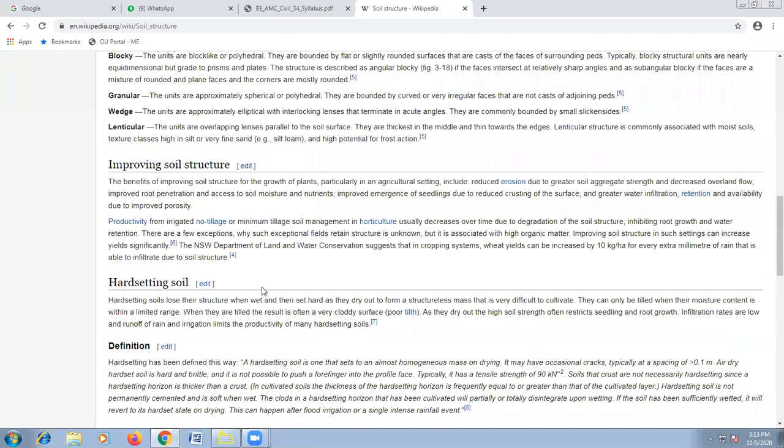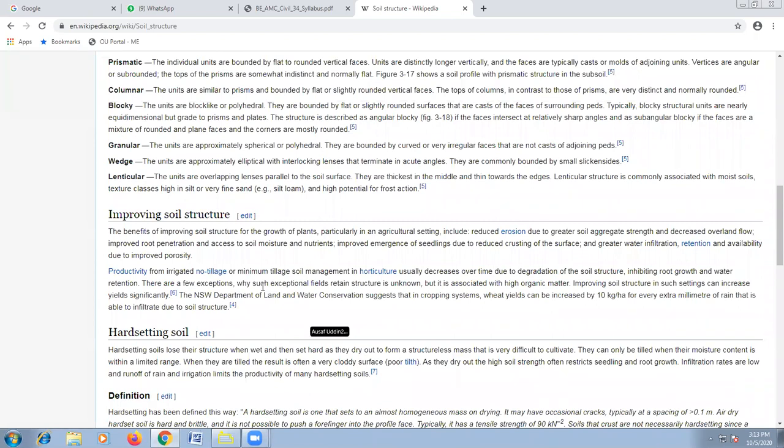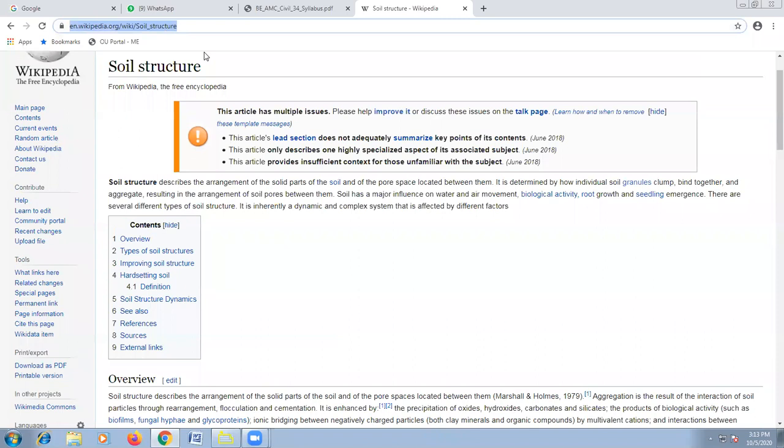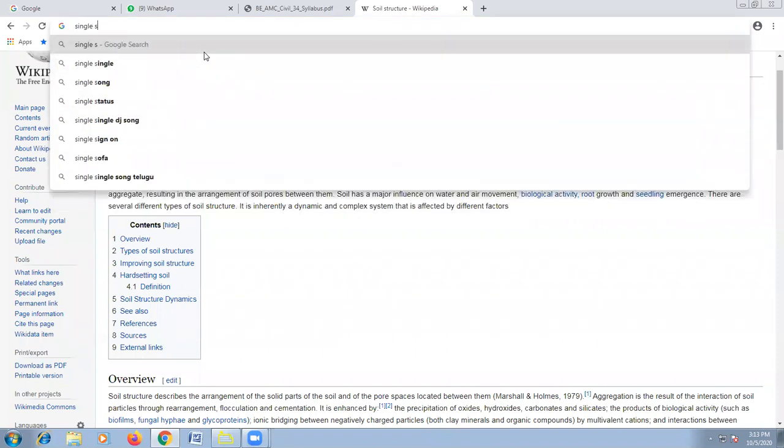We have the first type of structure, known as single grained structure. So let us see what the single grained structure looks like.